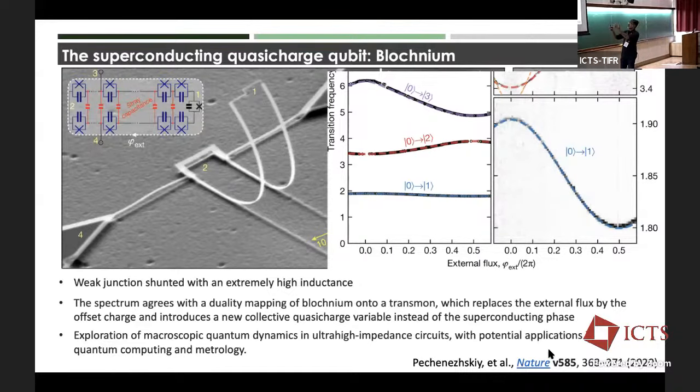So this first paper demonstrated this idea that you can reach these regimes. It's not really clear this is a qubit to be used for quantum computing. Again, with a very extreme parameter range, clever fabrication techniques and the flexibility of these circuits, you can achieve some very interesting physics. Yes?